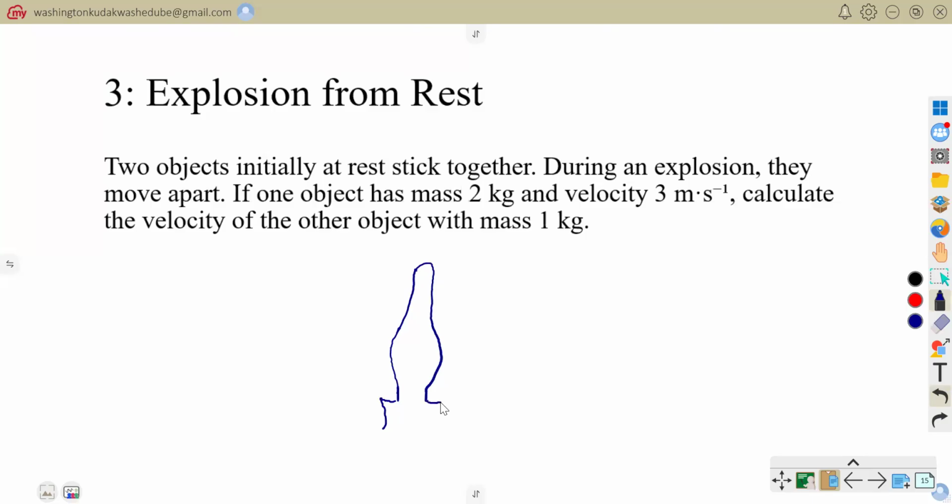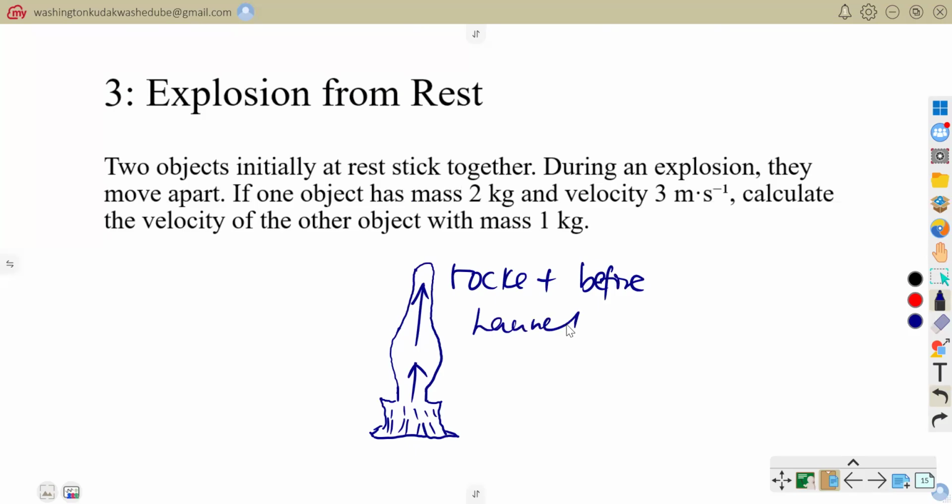Let's say that I'll be having a what? A rocket. So this becomes my rocket. And then that being my rocket, you know that I would be having, this is the fuel of my rocket. But however, for now we are saying that our rocket is stationary. So this is our rocket before launch.